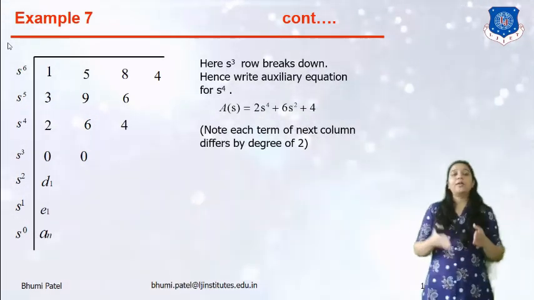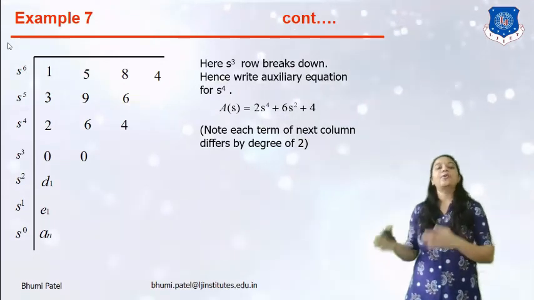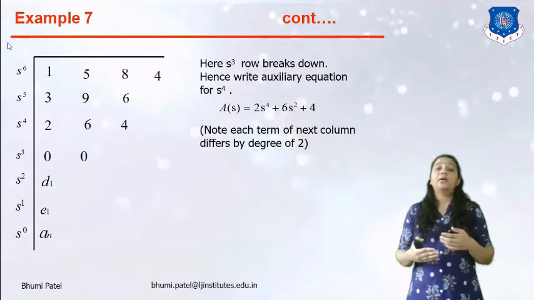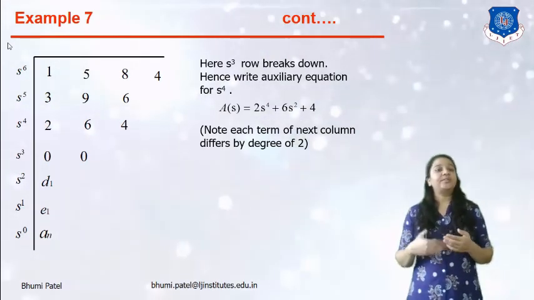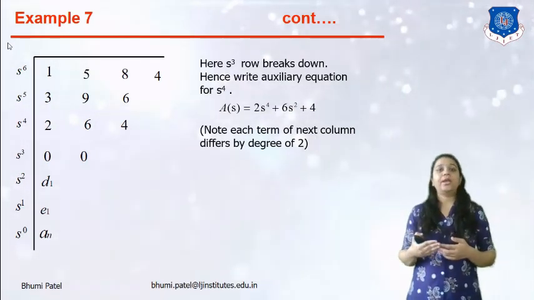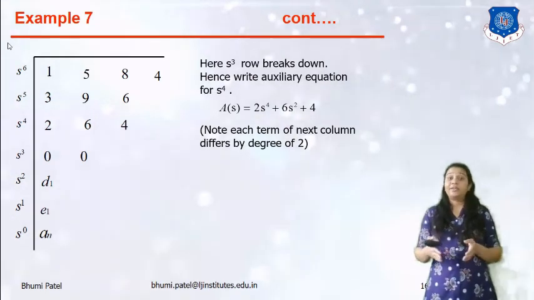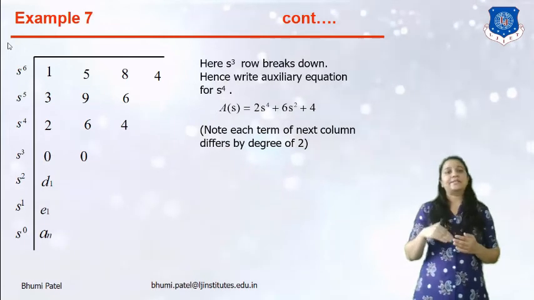If all the values of this particular row are 0, we take the derivative of the above row. Here the s cube row is broken down, hence we write the auxiliary equation for s raised to 4.